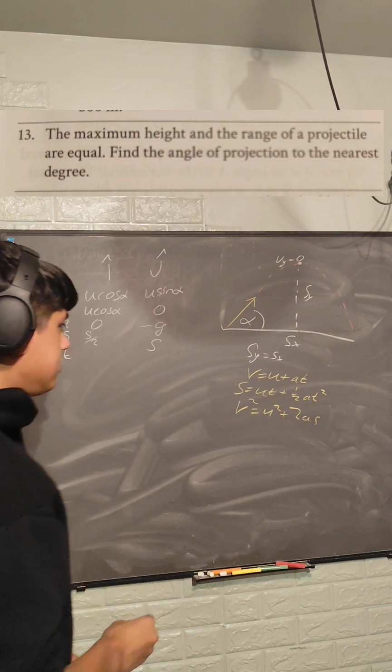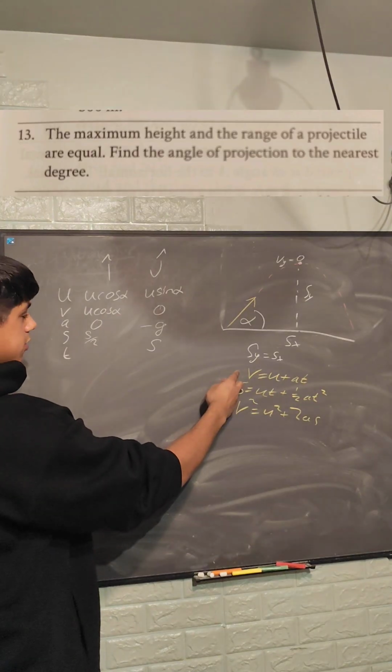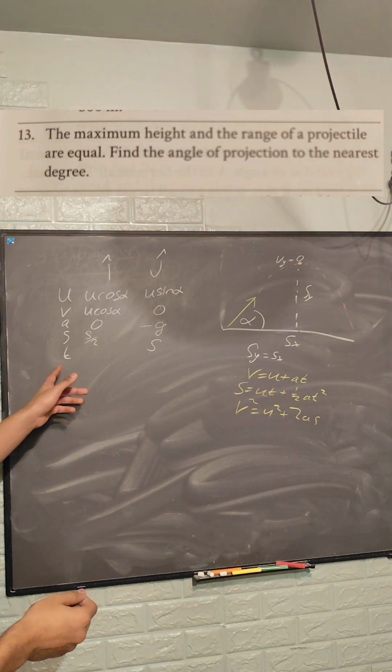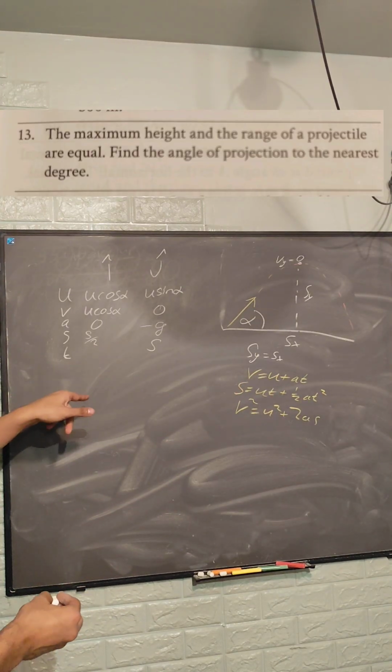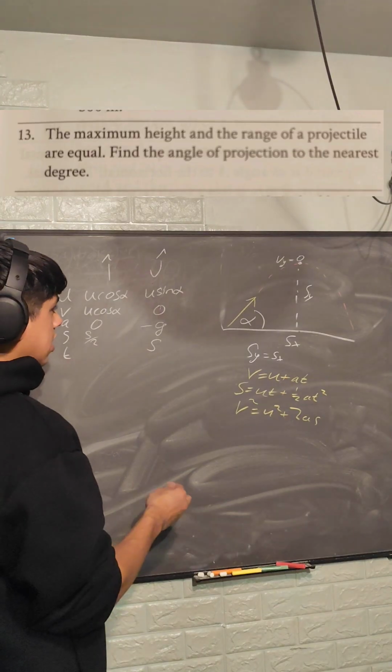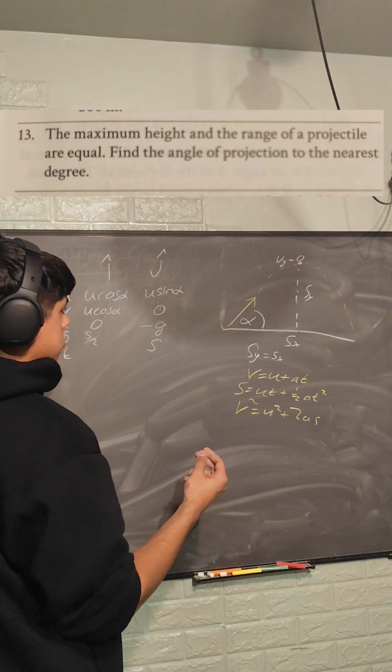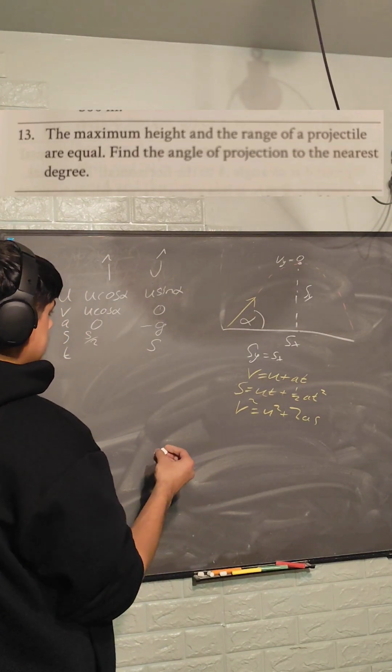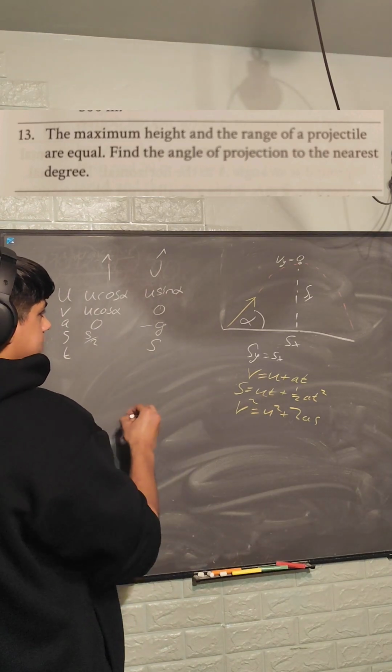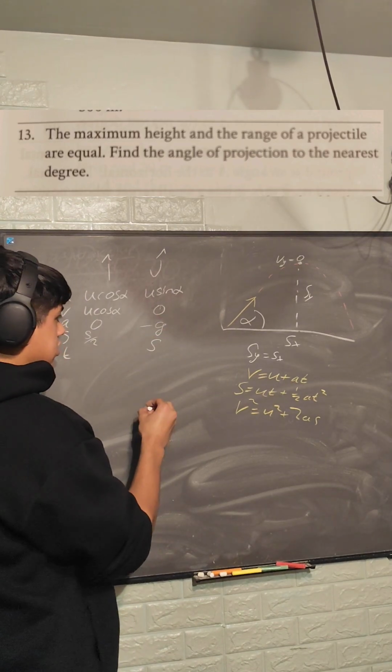Now, using these, I'm going to use the first one first to try and find an expression for t to fill out both of these in terms of the other variables. So let's just use the first one. So v is equal to 0.